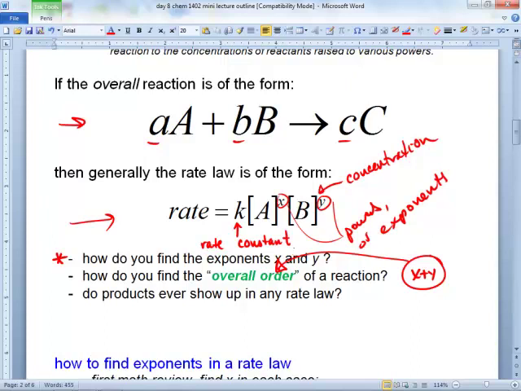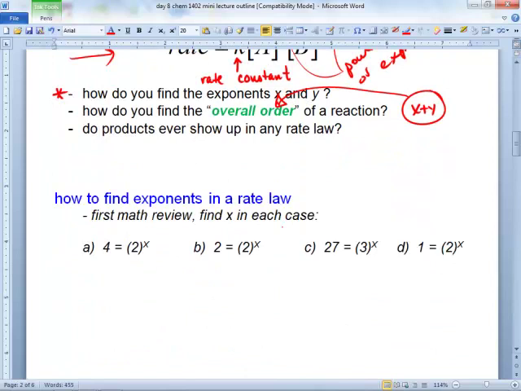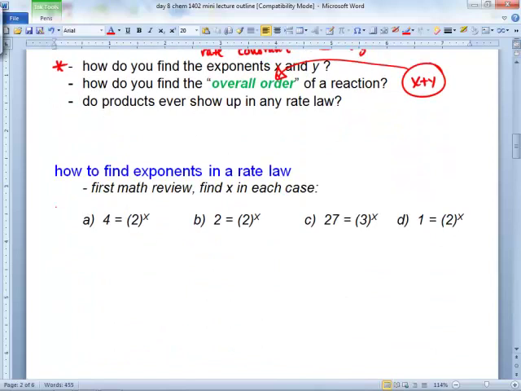Now before we get started, we're going to be setting up little relationships like this to find our X's and Y's. So I want to make sure we're all on the same page and know how to solve these algebraic relationships. So Jessica, on this first one, 4 equals 2 to the X. X equals 2.